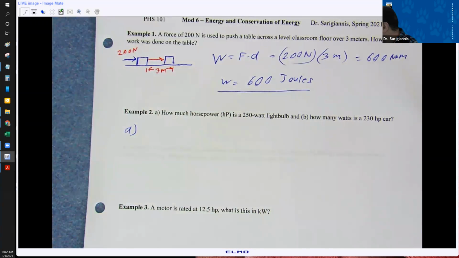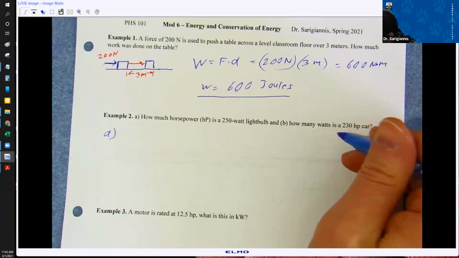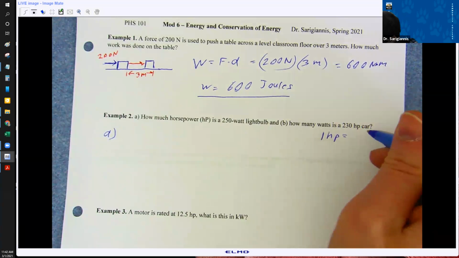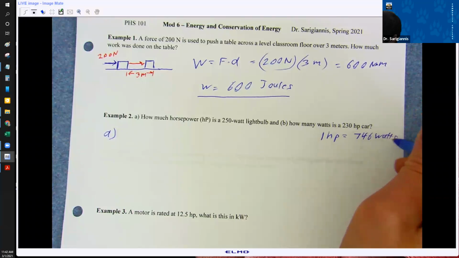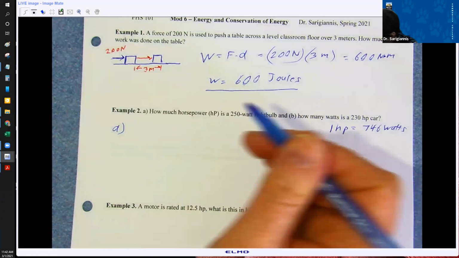So let's see, part A. 250-watt light bulb. Let's remind ourselves over here: 1 horsepower is 746 watts. So what do I have?